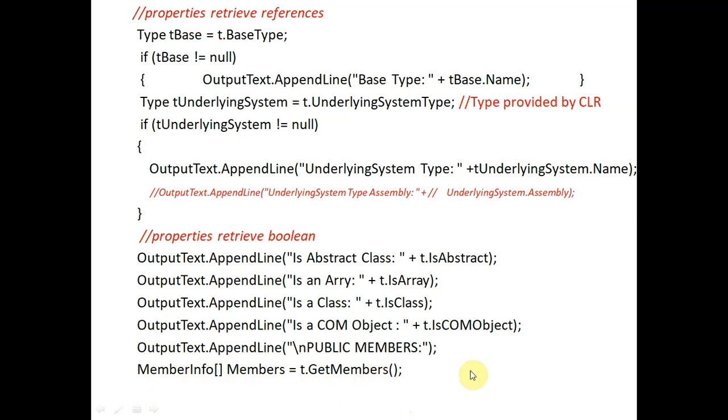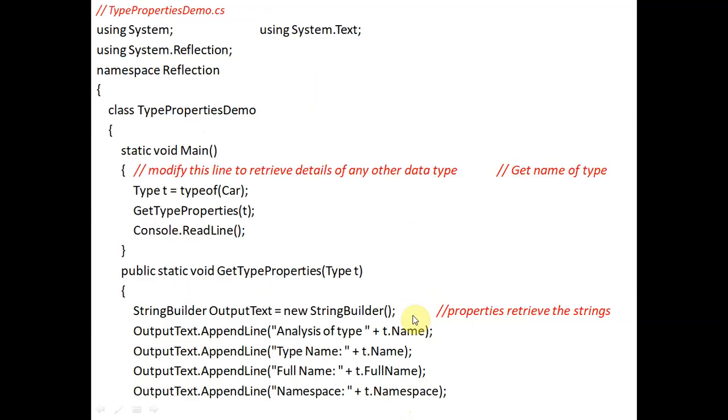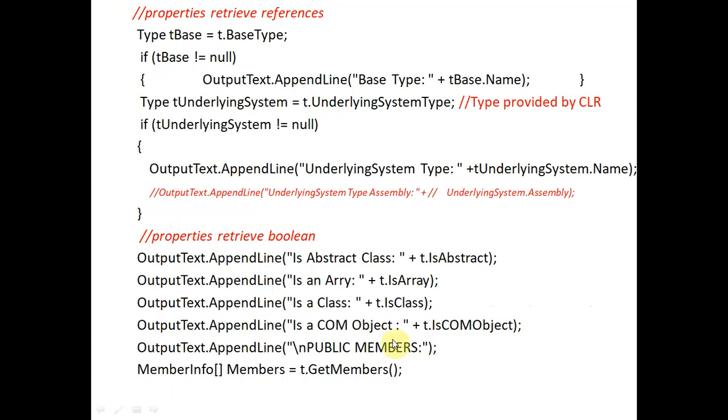T is the object of type, and in T we have type of car, so in T we have car, and this T is passed as an argument to this function. And here we are writing t dot get members. So we are extracting all the members, meaning all the variables of car, all the properties of car, the events of car, and all the methods of car.